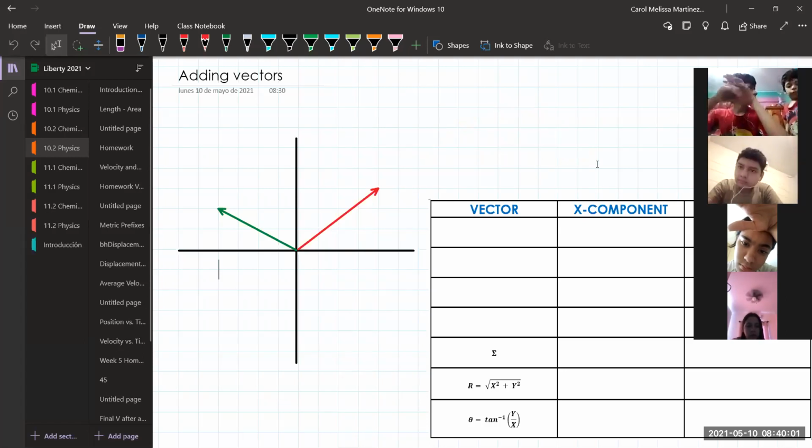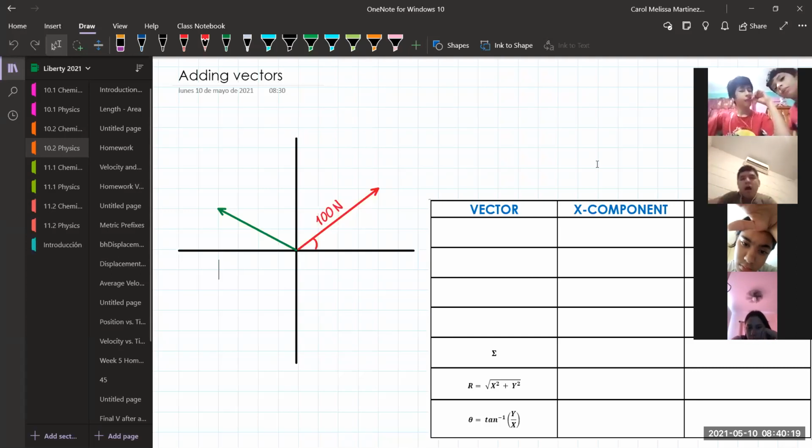Now, with this, I want to show you that a vector can work as a right triangle. Let's say that I give you these two vectors.